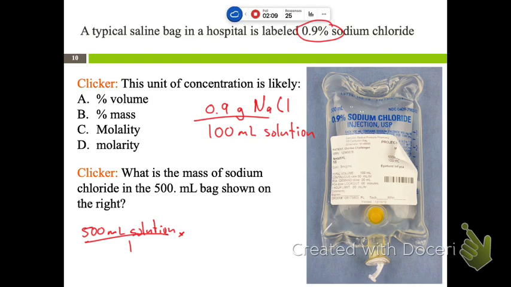Our starting point is the volume that we have. And then who would like to add a next step and help out? Which way do we need to use a conversion factor? 0.9 grams of sodium chloride over 100 milliliters of solution. It would be 4.5 grams of sodium chloride. And yeah, we'd want one more sig fig because we have 4.5, 3 sig figs, although you could argue that's 1 sig fig.